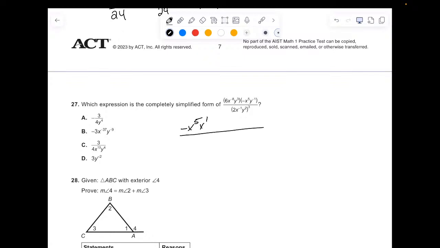And then the lower x's are going to be x to the eighth, is that right? Man, I did not think I'd be struggling this much. Oh, it's cubed. Okay, well, that's plus 3.